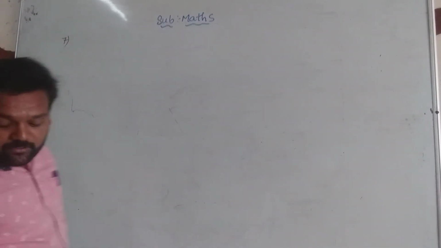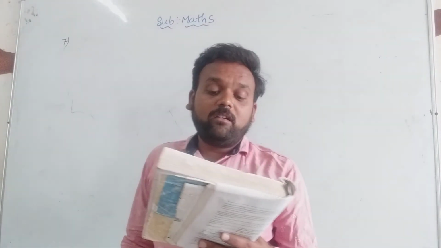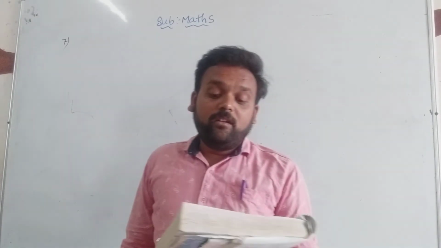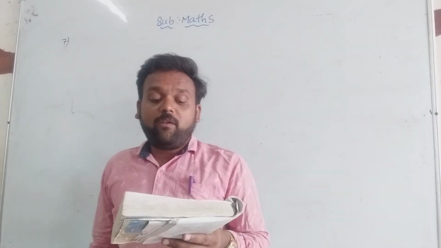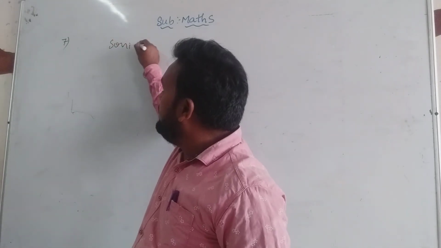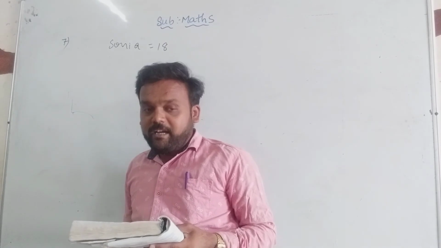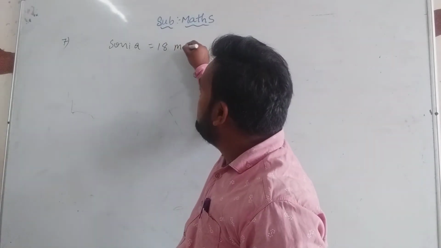I will read the seventh question. Dear students, listen. There is a circular path around a sports field. Sonia takes 18 minutes to drive one round of the field.